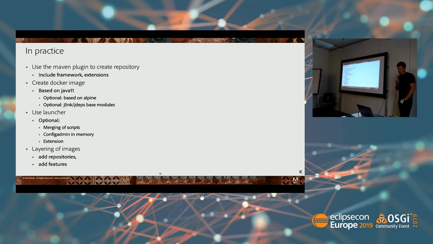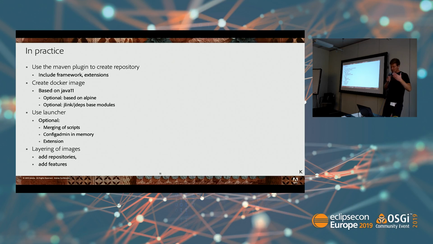It's using the Maven plugins to create the repositories of the artifacts that you need, including the framework and the extensions. The code will be available, and then creates a Docker image, which is based on Java 11 in this case, and J-links it together so it needs a minimal set of dependencies, and then uses the Sling Feature Launcher to start a demo app, and it shows a little bit, and that might be not what we get into today, but how you can use a Felix config admin in memory and some extensions to it.